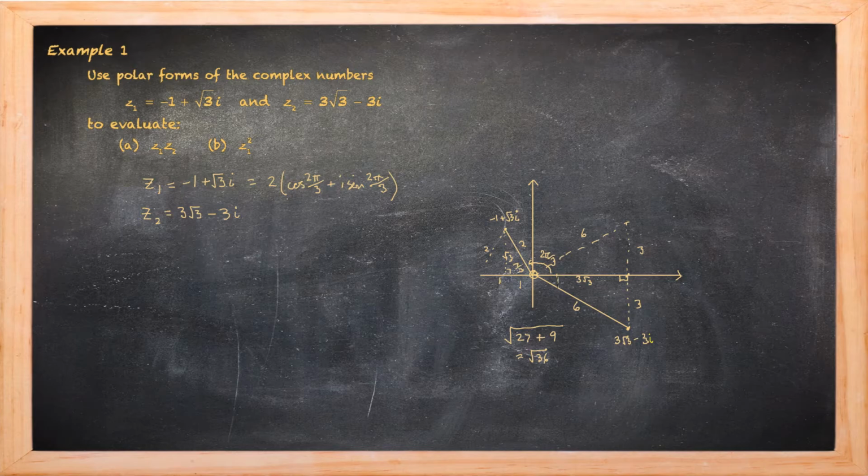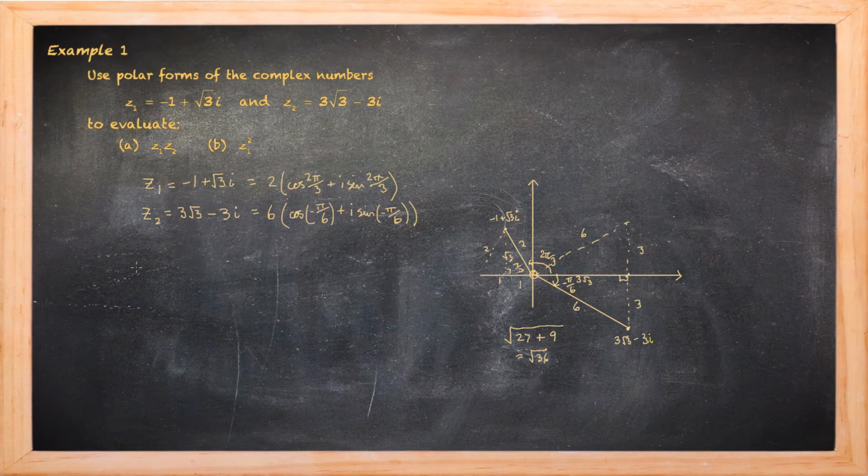So 1, 2, root 3. This is 3, 6, 3 root 3. So that angle is negative pi upon 6 this time, half the pi upon 3. That's the principal argument. So we've got modulus of 6, cos negative pi upon 6 plus i sine negative pi upon 6.